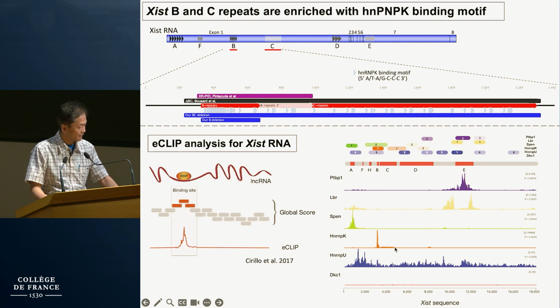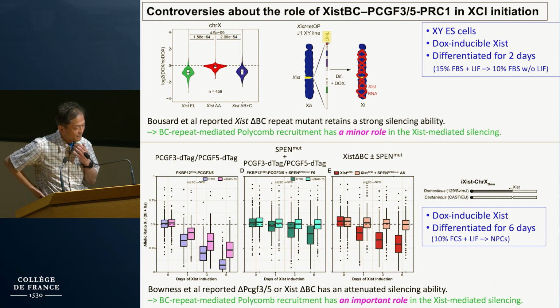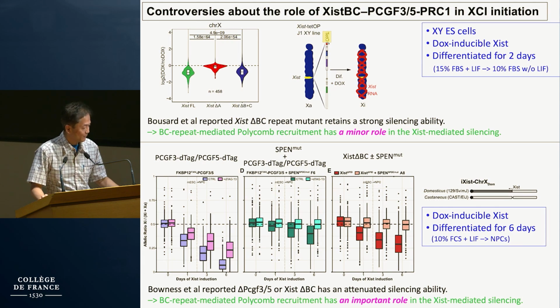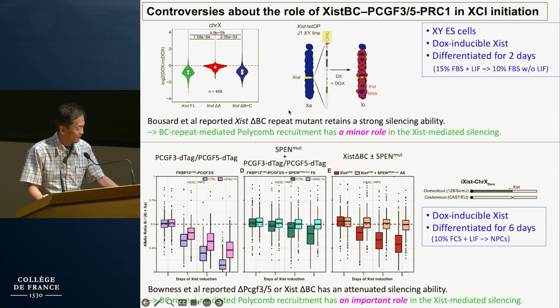Using the embryonic stem cell model, Edith and Neil showed pretty different conclusions, I understand. In Edith's experiment, they used this Xist BC mutant in male embryonic stem cells and showed that this BC deletion has comparable function to Xist wild-type full length.